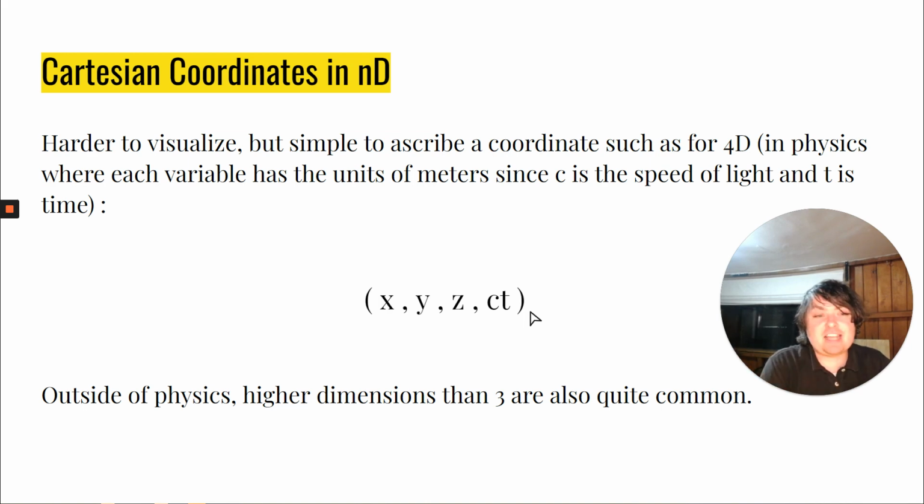But outside of physics, higher dimensions than 3 are also quite common. Like my pie example, you would need apples, sugar, brown sugar, pie crust. That's already 4, and you probably need more things to make pie. I just don't know. But it's very common.